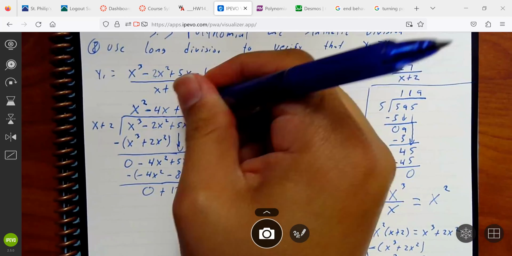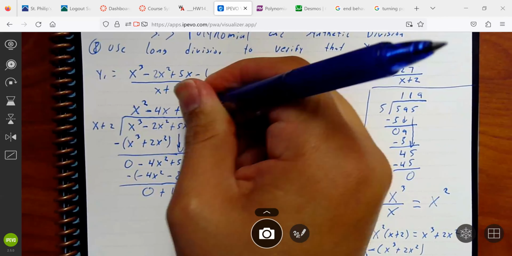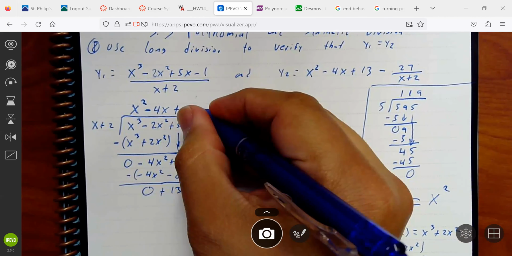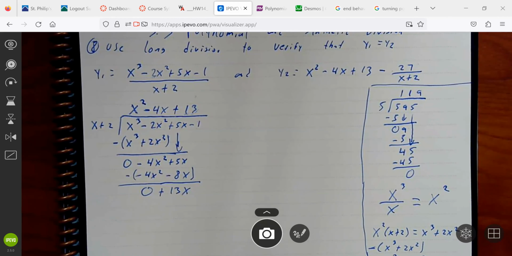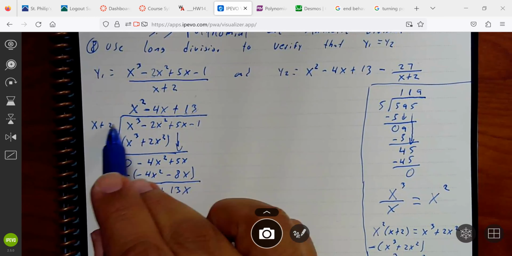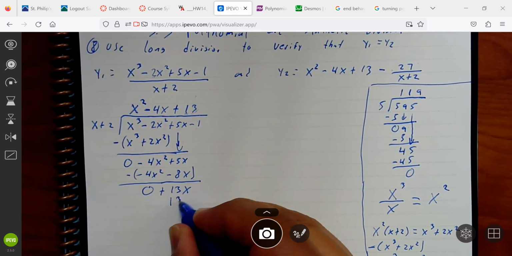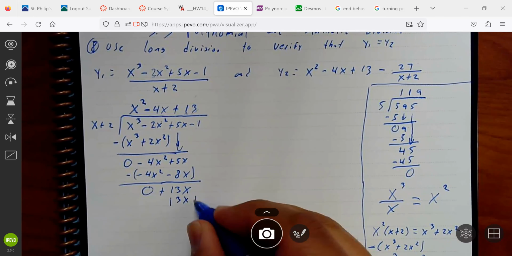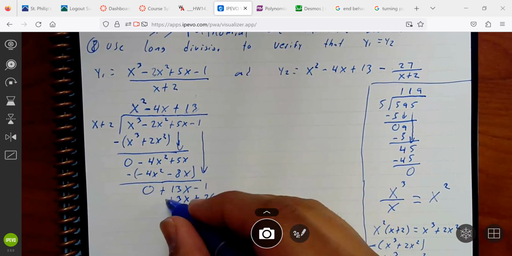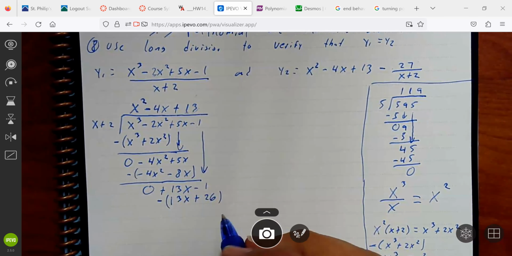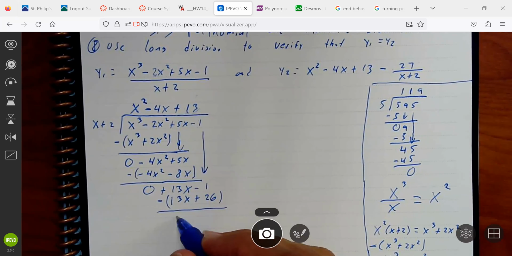Yeah, 13, you guys are right. So 13 times these two terms would be 13x plus 26. Bring down that weirdo 1 there and subtract this. So we would get 0 minus minus would be minus 27.